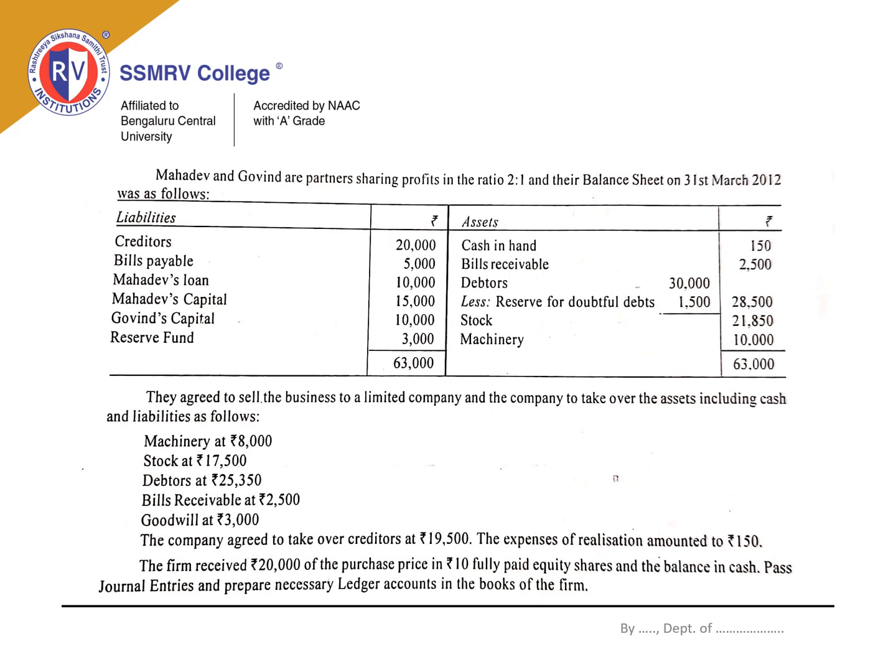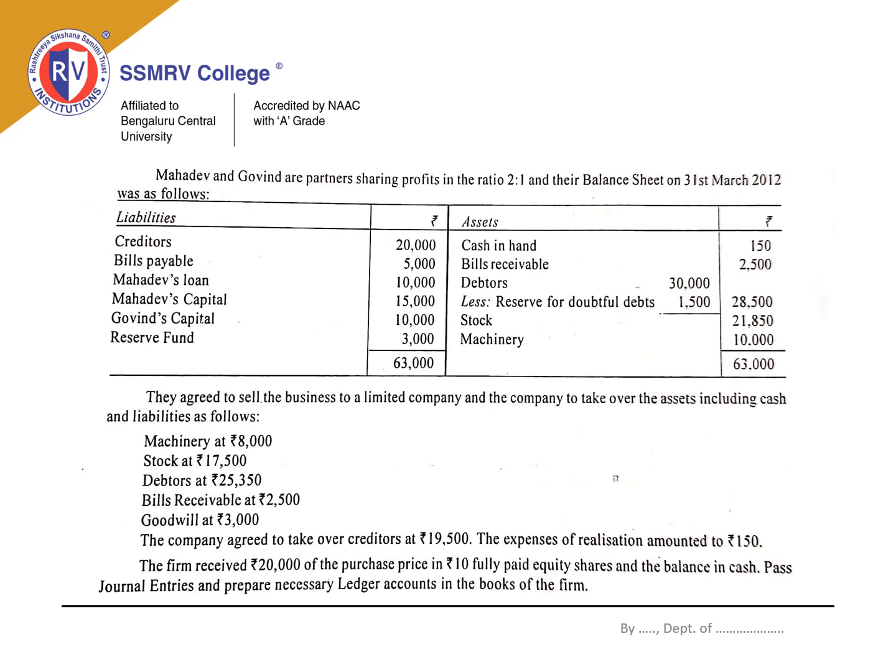So the partnership firm is referred to as the vendor firm, and the company which is taking over the assets and liabilities of the vendor firm is referred to as the purchasing company. So the purchasing company takes over the business of the partnership firm. So it takes over the assets and liabilities.